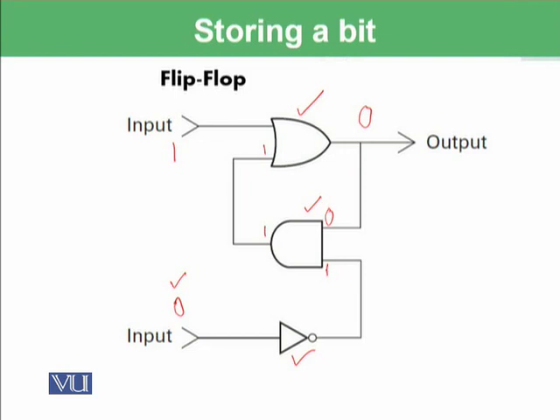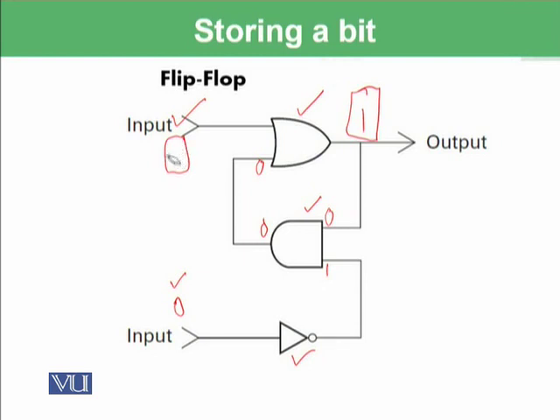You know 0 and 1 become 0. So this 0 is coming here. But as we have changed this input from 0 to 1, this OR gate will produce an output of 1. So whatever was stored previously by this flip-flop, if we change the upper input to 1, it will store the value of 1, whether it was 0 or 1 previously.